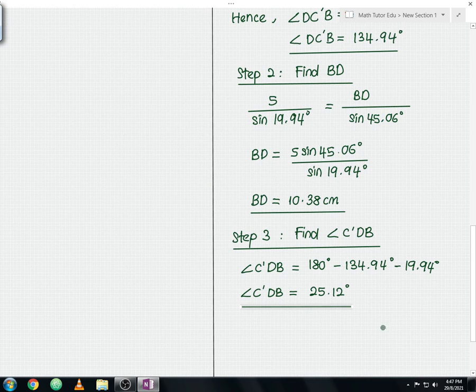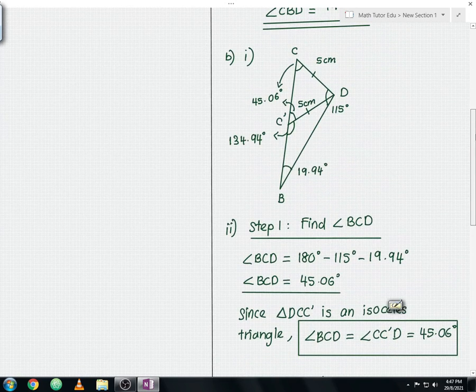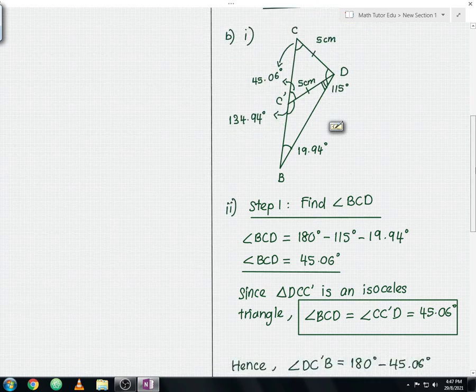From here we are very close to our final step. These two lengths are known and you have already identified this particular angle. So now we can proceed to find the area of triangle C'DB.